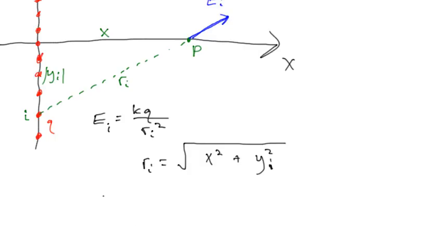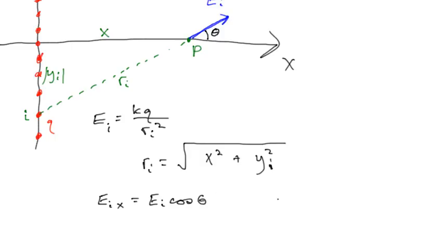And then the x component of E sub I is going to be equal to E sub I times the cosine of theta.